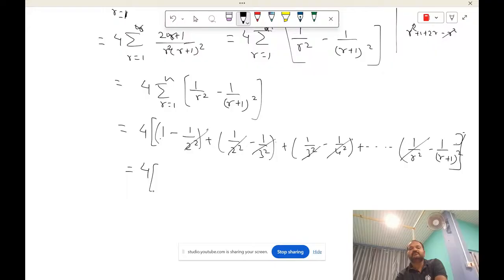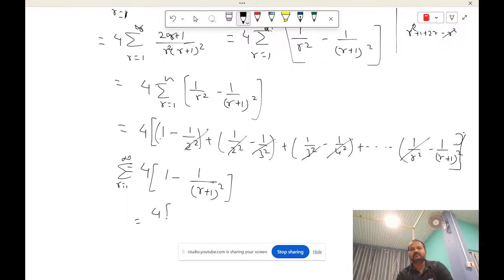What are the remaining terms? The remaining terms will be 1 minus 1 by r plus 1 whole square, with the sigma from r equal to 1 to infinity.